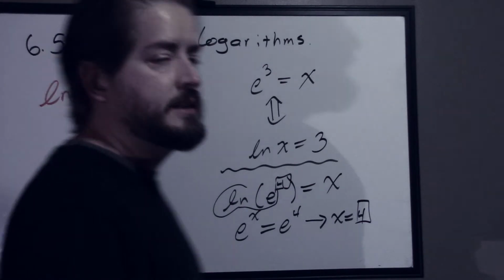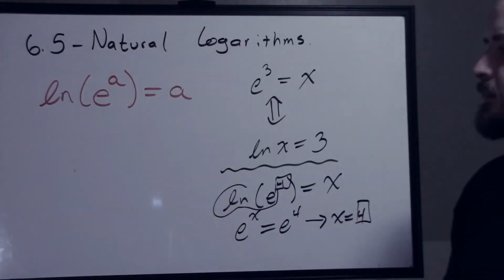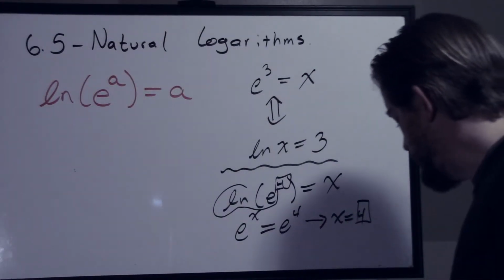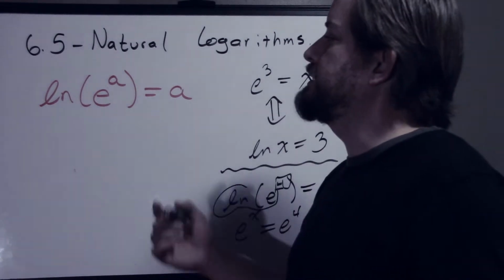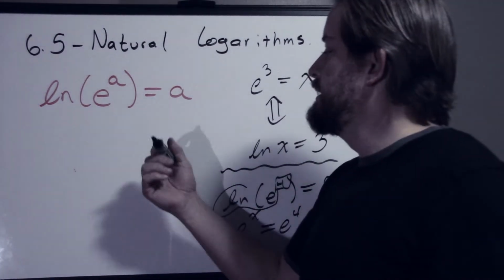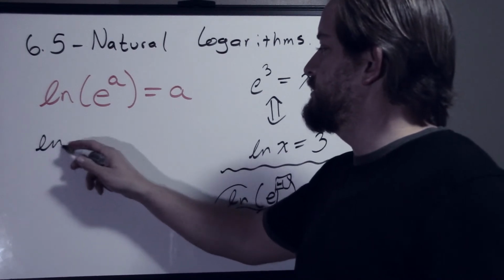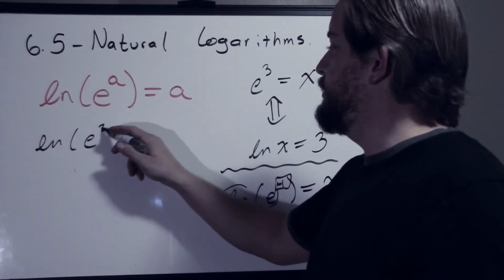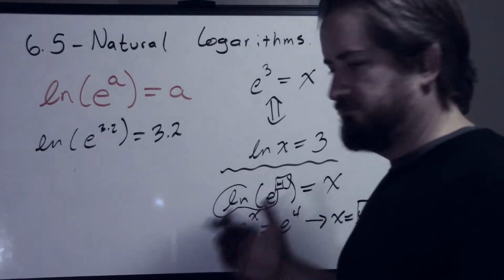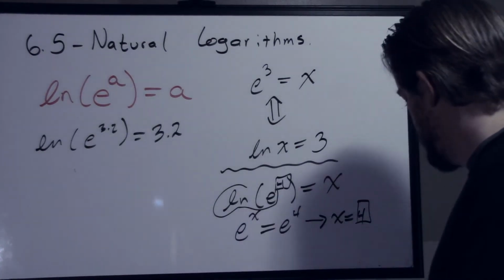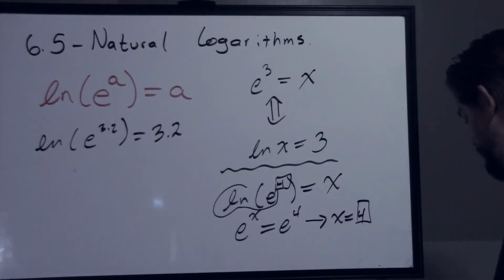It always ends up being just that a. So I can skip going through the writing process to rewrite this as an exponential. If I have something like, say, the natural log of e to the 3.2, that's going to be 3.2. That's what it'll be.